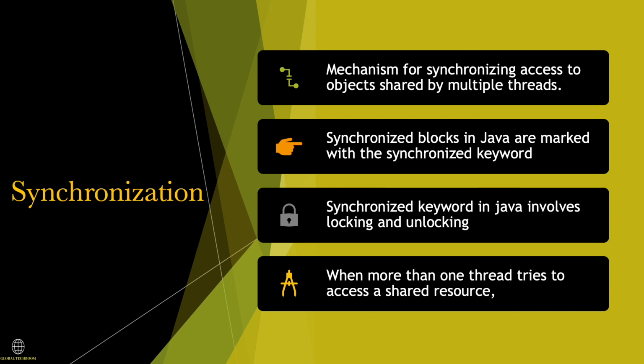The process to achieve this is called synchronization. To implement the synchronous behavior, Java has the synchronized method. Once a thread is inside the synchronized method, no other thread can call any other synchronized method on the same object. All other threads then wait until the first thread comes out of the synchronized block.